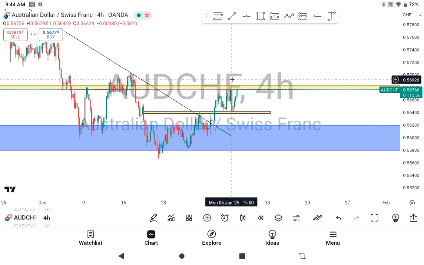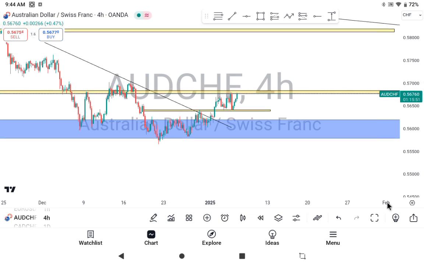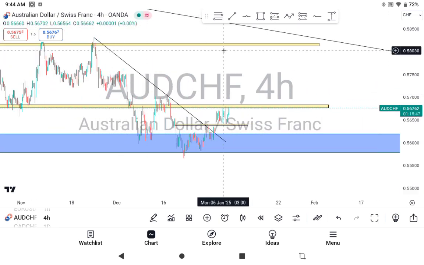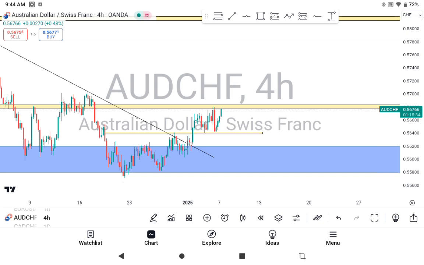Once price has closed right here, definitely price is coming to this minor level of resistance right here. This is a sure banker, but I am favoring the upside, like I've said. So we have seen what we need to see on AUD/CHF.